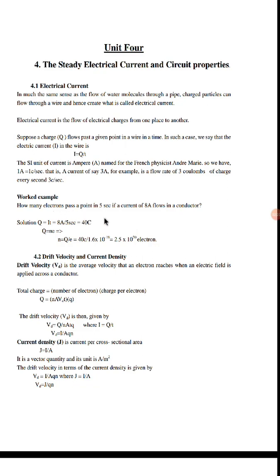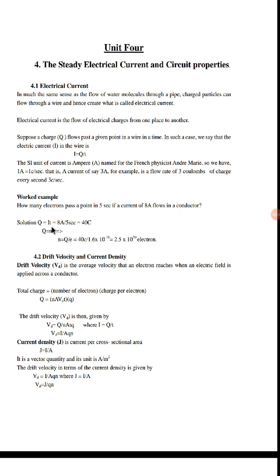Firstly, we take out the given things in the question. The given are the time, 5 seconds, and the current, 8 amperes. We are asked how many electrons. The first basic formula is I equals Q over t. In the solution, derived from I equals Q over t, Q equals I times t.